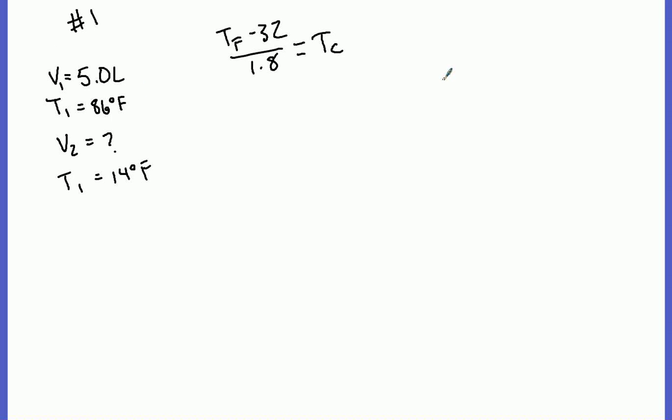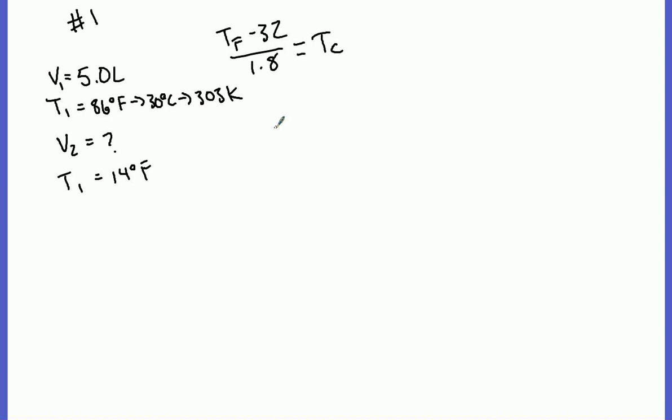I'm going to get a value of 30, right? And that's 30 degrees Celsius. But then I need to change that into Kelvin. So I add 273, which is simple enough here. That's just 303 Kelvin, right? So you got to do a little bit of messing around with that. You have to have Kelvin, so you just got to do what you got to do.